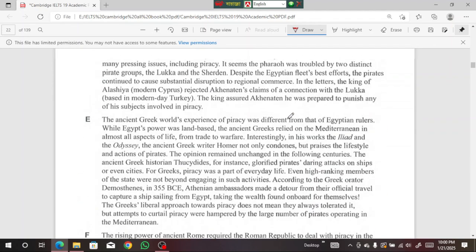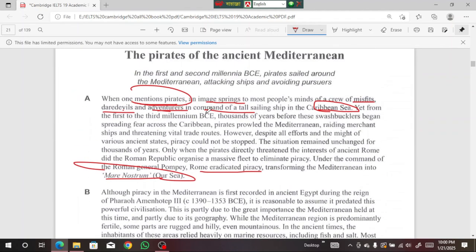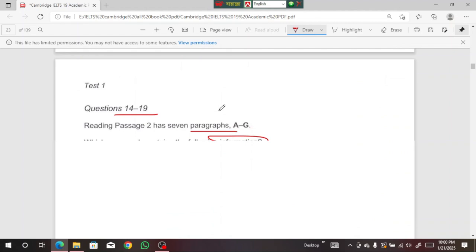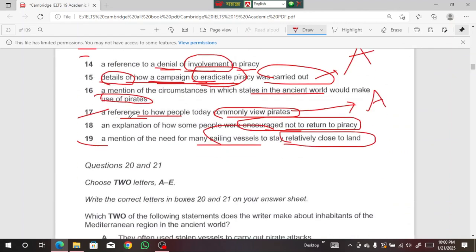The first line says: when one mentions pirates, an image springs to people's minds of a crew of misfits, daredevils and adventurers. This refers to how people today commonly view pirates, that is, their minds view it this way.